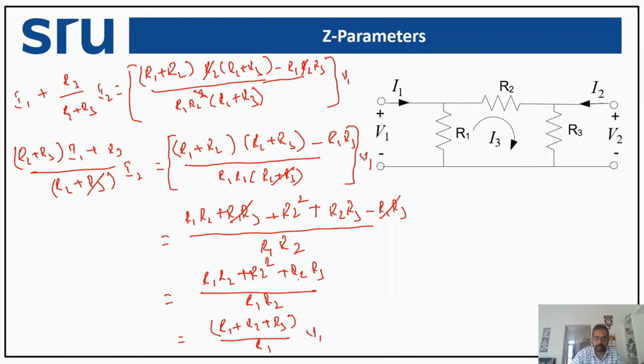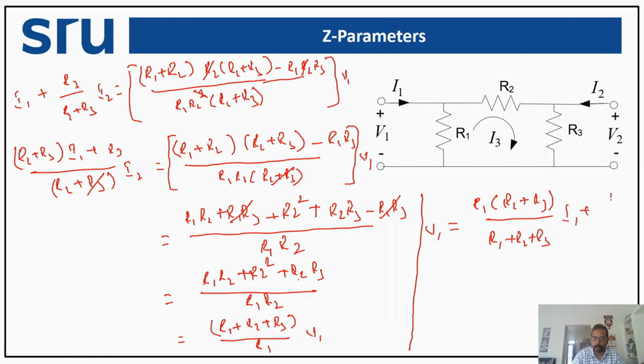Now we are trying to send this to the left hand side. So what is going to happen? My V1 will be equal to R1 into R2 plus R3 divided by R1 plus R2 plus R3 into I1 plus R3 divided by R1 plus R2 plus R3 into I2.